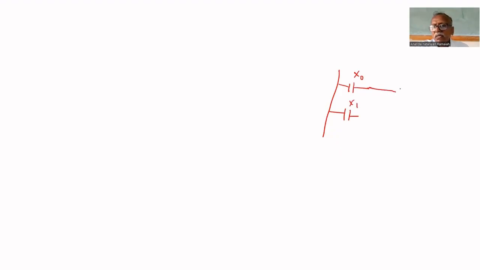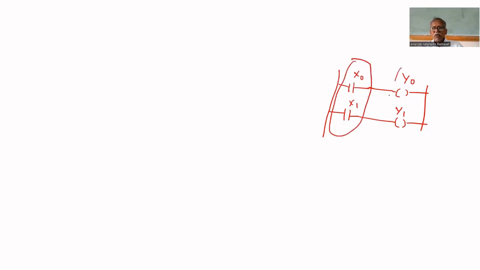Let us assume one relay is here and one relay is here. This is Y0, this is Y1. In wire-wound relay logic, suppose X0 and X1 simultaneously become one, then Y0 and Y1 become one simultaneously. Y0, Y1 will be turned on simultaneously.